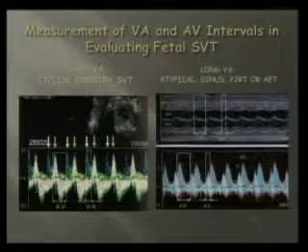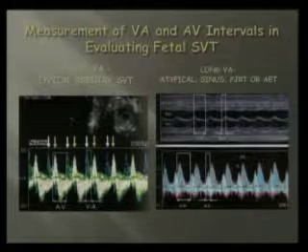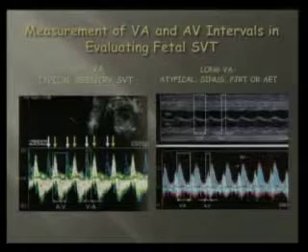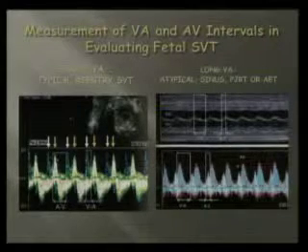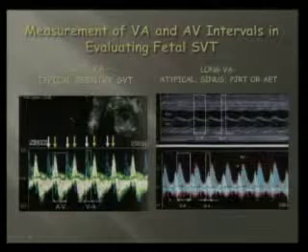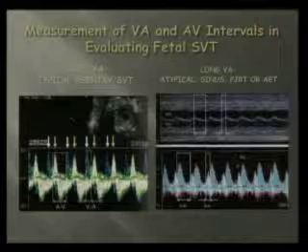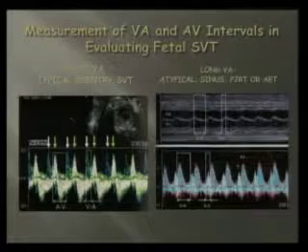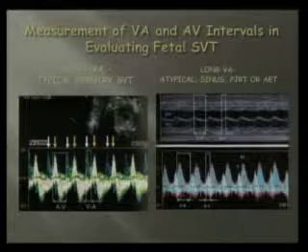So this is just looking at V to A intervals to try and better define. This you can kind of leave up to us, and we'll try to figure that out, but we treat them pretty much the same. And so when we look here, here's the mitral inflow, here's the aortic outflow. There's 2 beats on most of the AV valve flow patterns. And the second beat is the A wave, which correlates with the atrial systole or the P wave. So this is the P to V ratio here.